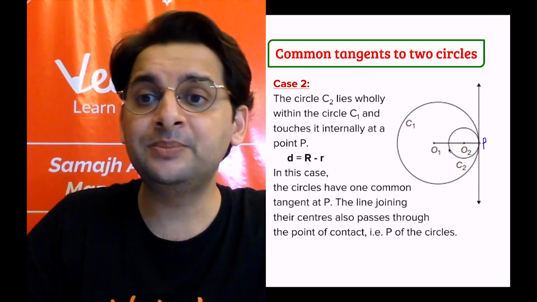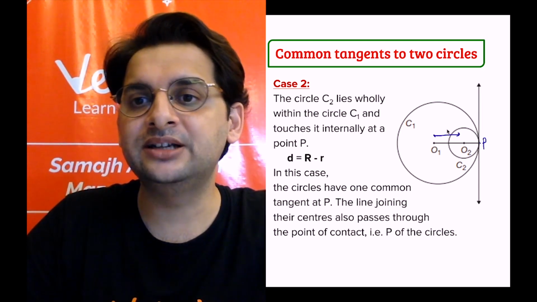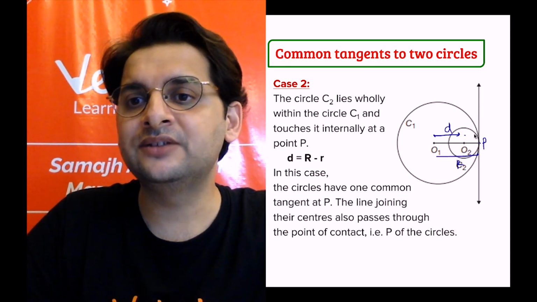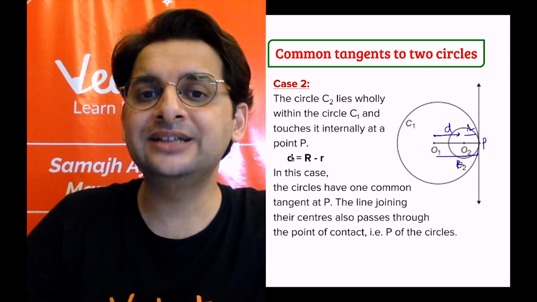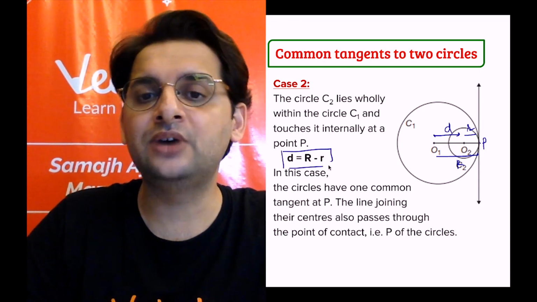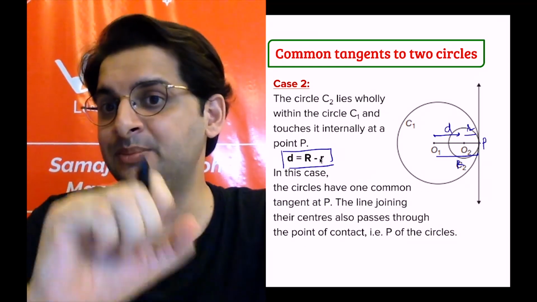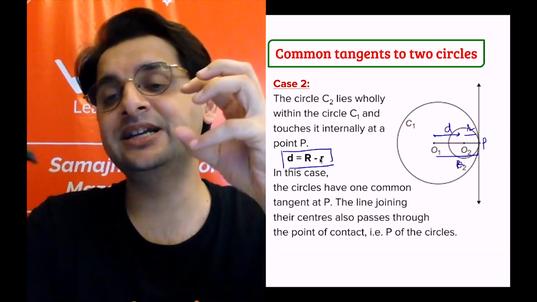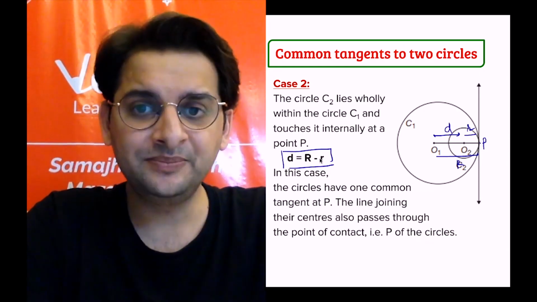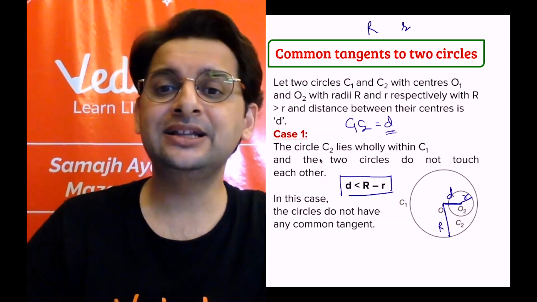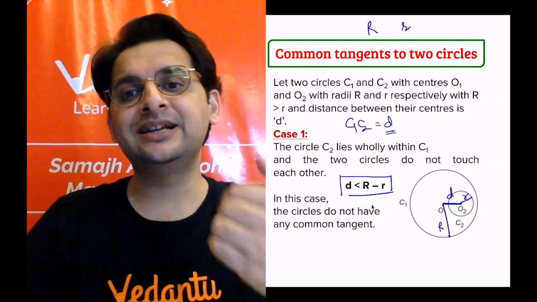Now, if we look at the bigger circle, this is the center to center distance. This is capital R and this would be small r. And we can clearly see that this is the case when D is equal to R minus r. So this is the limiting case when one circle is touching the other circle internally. For the first case, D would be less than R minus r.